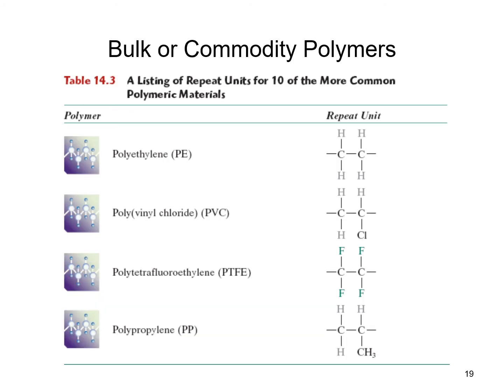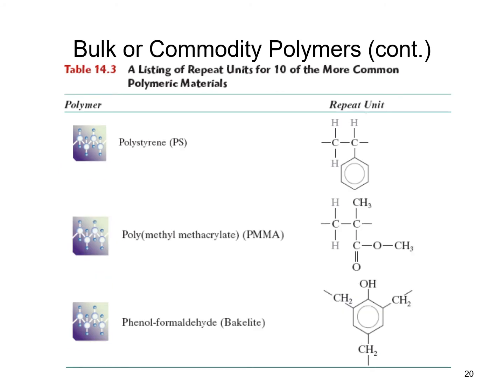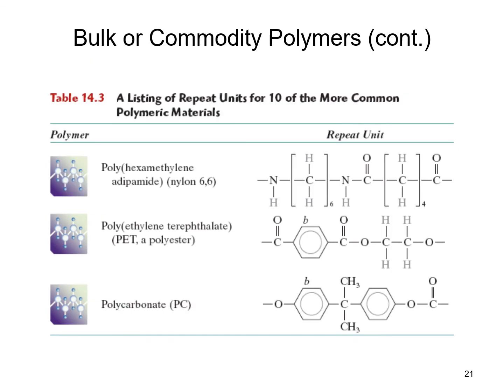For bulk or commodity polymers, in table 14.3 here, we are given examples of a list of repeat units for 10 of the more common polymer materials, which include polyethylene, PVC or polyvinyl chloride, polytetrafluoroethylene or PTFE, polypropylene, polystyrene or PS, polymethyl methacrylate, phenol formaldehyde or bakelite, polyhexamethylene adipamide or nylon 66, polyethylene terephthalate or PET, which is a type of polyester, and polycarbonates.